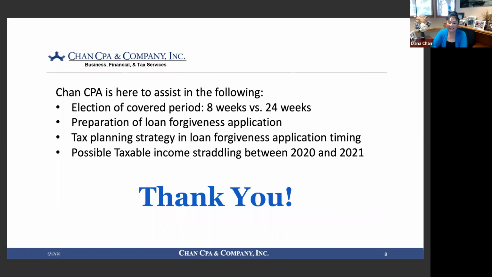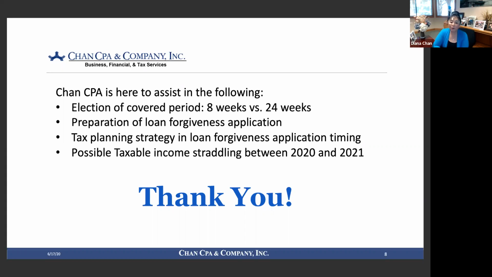I just wanted to say, Chan CPA is here to help in the following ways. We can help in election of the covered period, 8 weeks, or continue to stay with the 24-week period of time. We can help with the preparation of the loan forgiveness application.